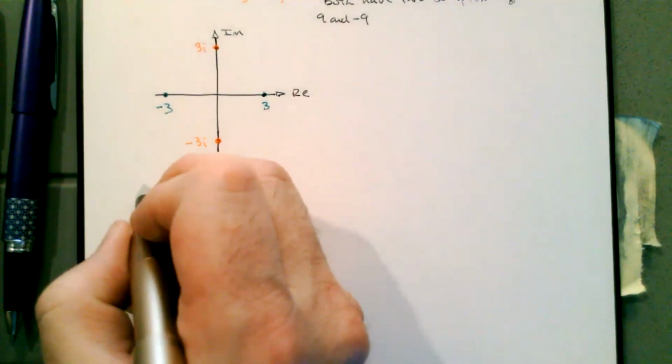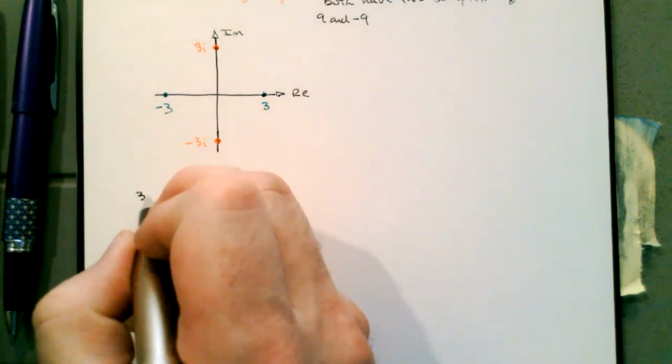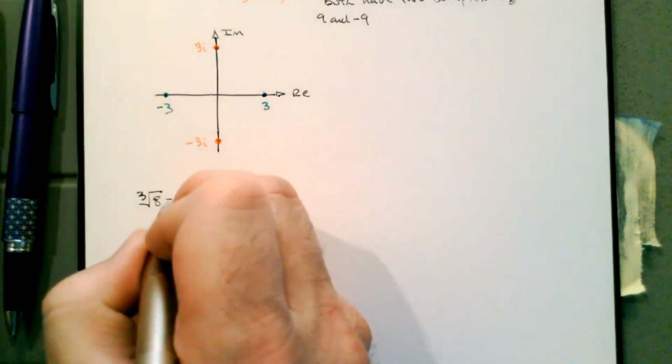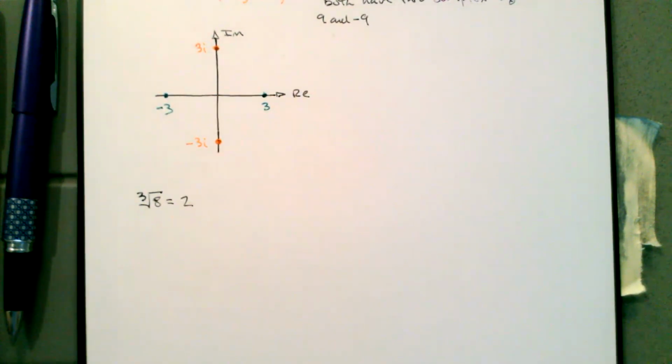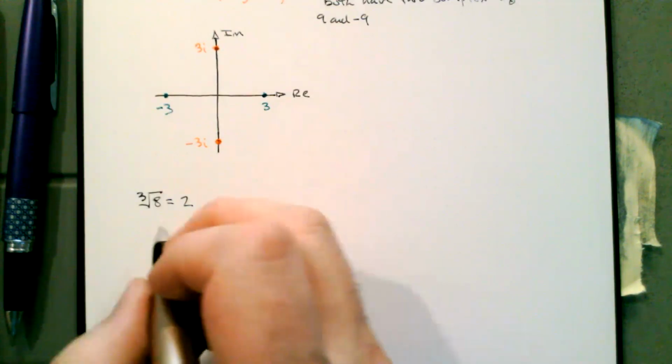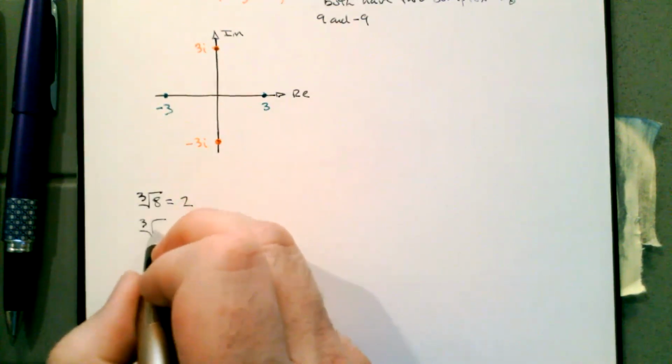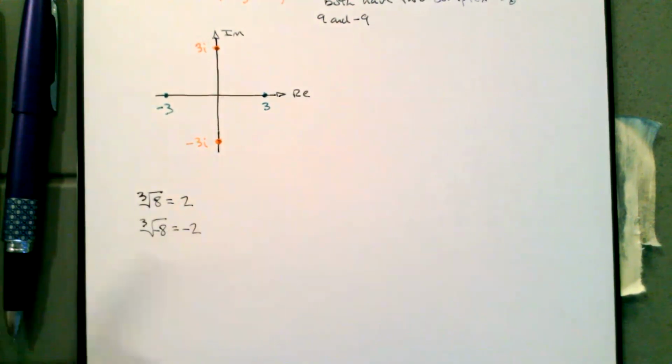Here's the thing that we might remember. The cube root of 8 is equal to 2. So 8 has one real cube root. And the cube root of -8 is -2. I usually phrase this by saying that odd roots respect negatives. And respecting negatives keeps it real.